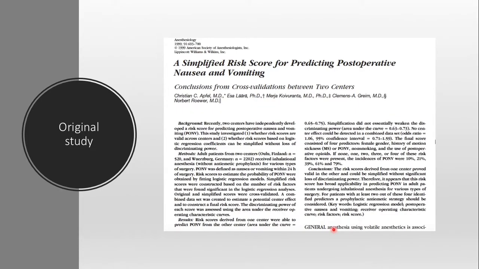One of the original studies was by Christian Apfel back in 1999, entitled "A Simplified Risk Score for Predicting Postoperative Nausea and Vomiting." And he had data that he combined from two different centers to cross-validate his model for identifying risk factors. And so you could pause the video, you can certainly read through that, and I've included the article as a reference for you guys.